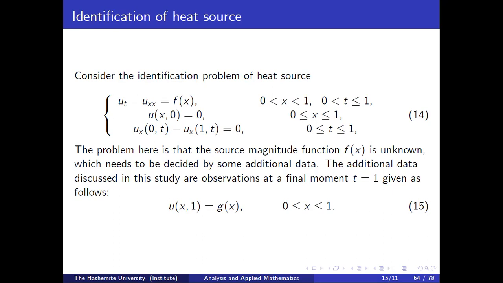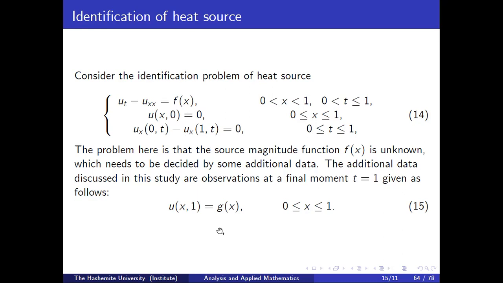The additional information here is an observation at a final moment t equals 1, which is u(x,1) equals g of x. So we have this information, which is the final overdetermination, as they call it in numerical analysis. So to recover the function f, we need more information about the measurements or the observation.